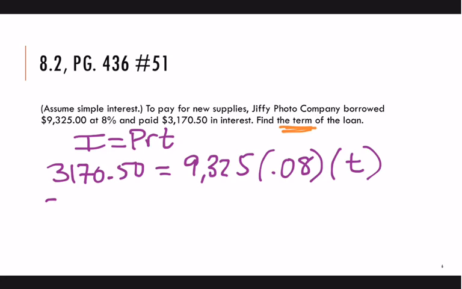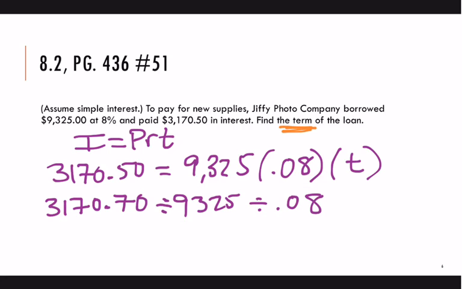Okay, so again, you want to solve for t, so divide the interest by 9,325 and also by 0.08, and you get t equals 4.25. So this is in years. You can leave this as is, or if you want to convert to months, your textbook gives that answer as well. That's 51 months.